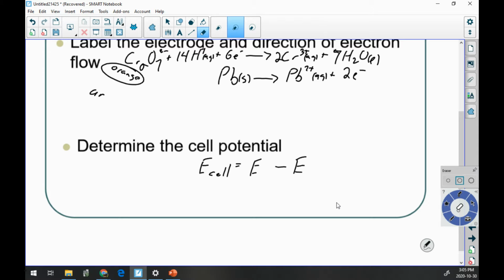Now, do you remember which one goes first, anode or cathode? Cathode. Because we flipped this guy, we would change the sign. If we were doing this here, we don't change the sign overall. We have the cathode minus the half cell potential for the anode. I do not remember what that is.